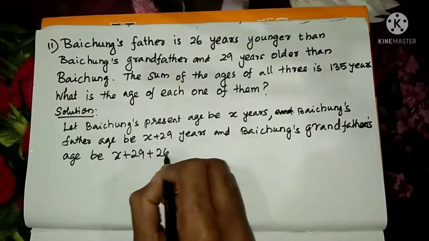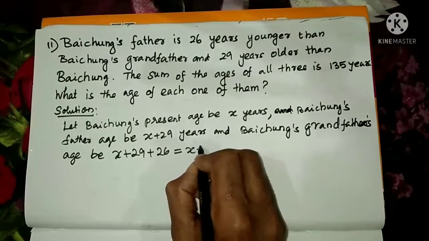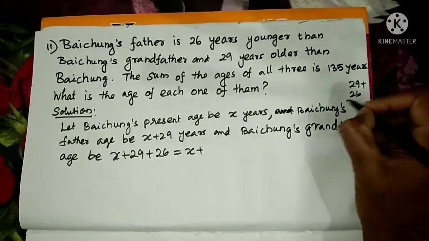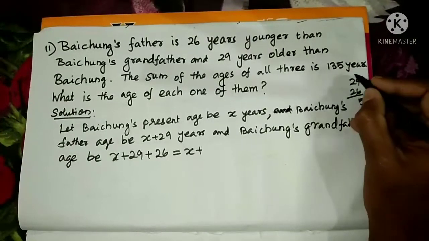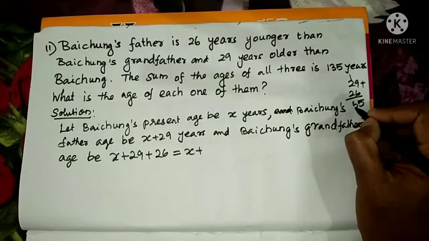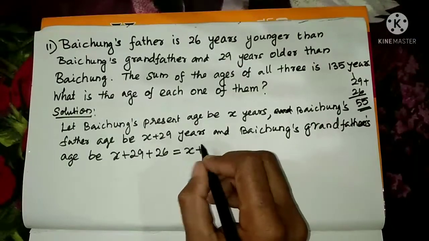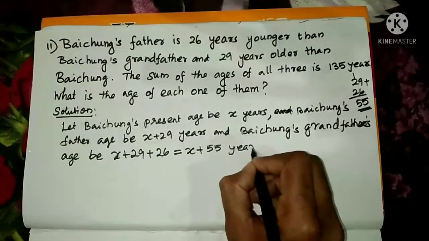So we can add these two numbers, 29 plus 26. 9 plus 6 we have 15, so that is 55. So x plus 55 years.